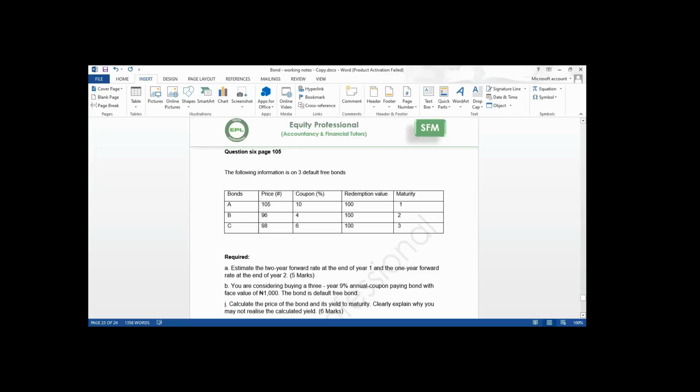Requirements A. Estimate 2-year forward rates at the end of year 1 and the 1-year forward rates at the end of year 2. That is the main focus tonight.